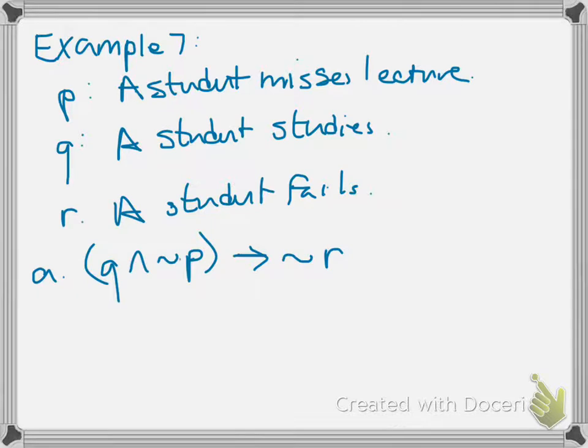So, for our symbolic statement, we've got, if Q and not P, then not R. And notice how I sped up and sort of blurred together the Q and not P, because that part all goes together.